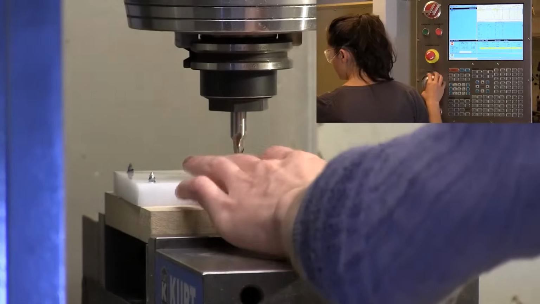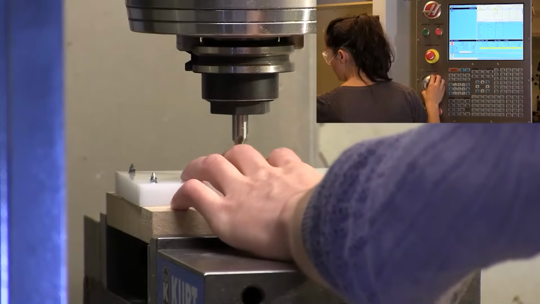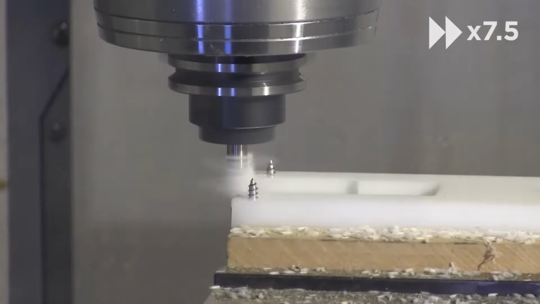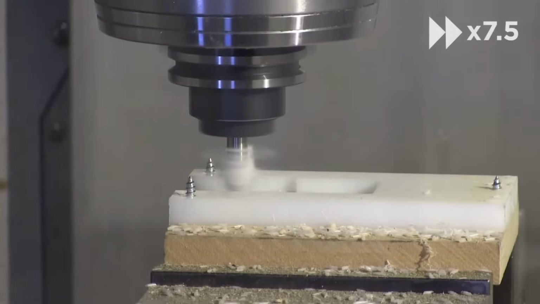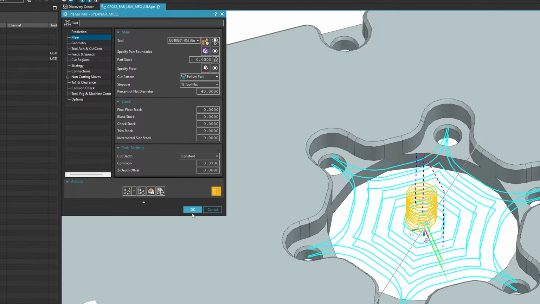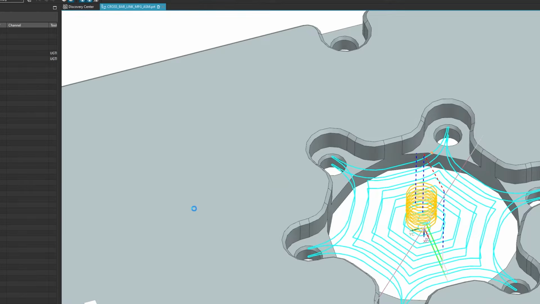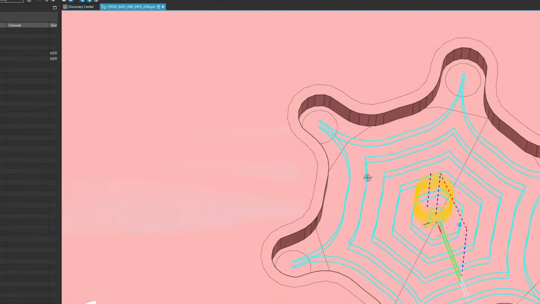A machinist is the person that actually goes and sets up the machine like the one you see behind me. They are in charge of setting up all the tools, setting up all the fixtures, and setting up everything that has to do with this machine. The NC programmer is the person that takes the CAD file, be it a design from someone or something that was designed in-house, and then they generate what's called tool paths in a CAD system.